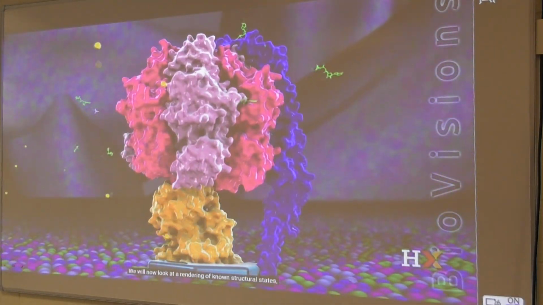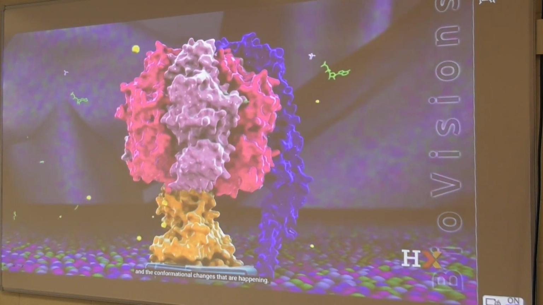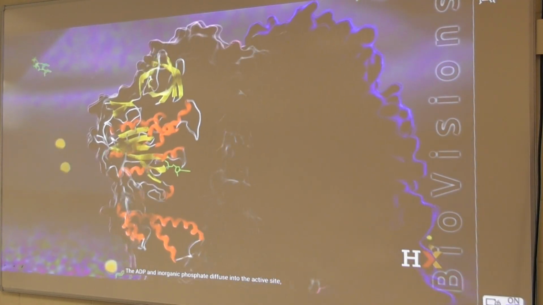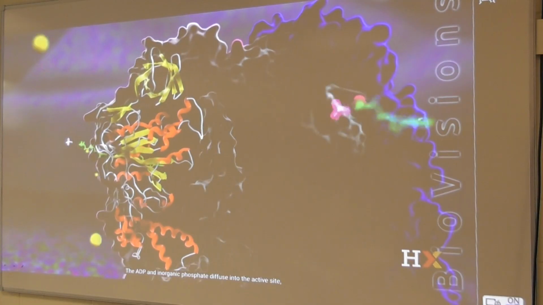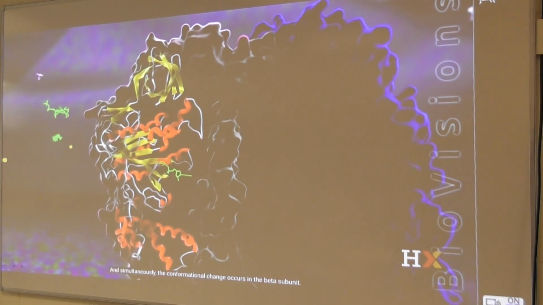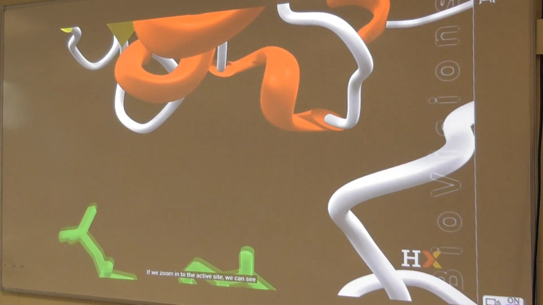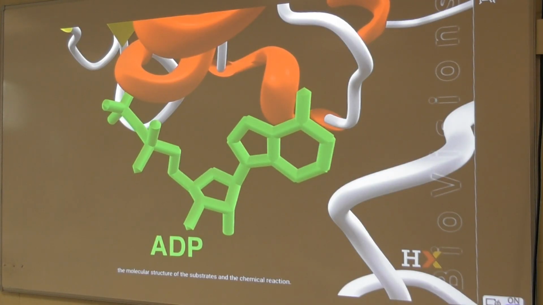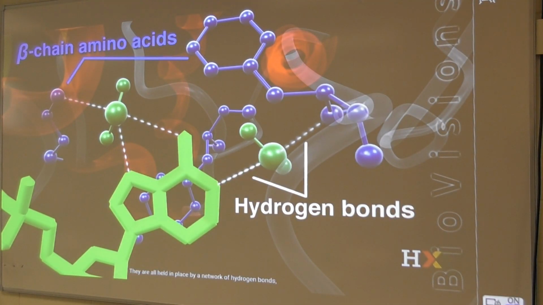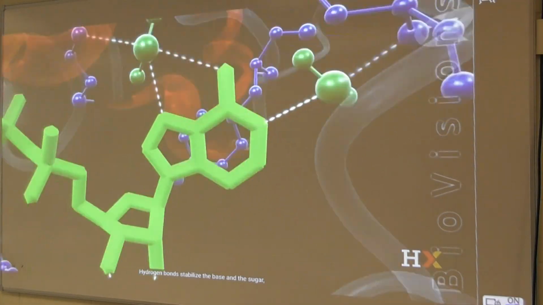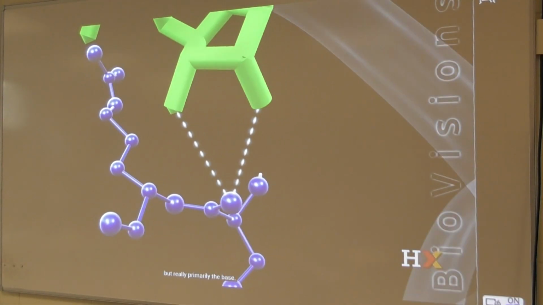We will now look at a rendering of known structural states and the conformational changes that are happening. The beta subunits are seen as a ribbon diagram. The ADP and inorganic phosphate diffuse into the active site, and the ATP has just been released. And simultaneously, the conformational change occurs in the beta subunit. If we zoom into the active site, we can see the molecular structure of the substrates and the chemical reaction. Here is ADP with its 2 phosphates. They are all held in place by a network of hydrogen bonds mediated by the amino acids in the folded structure of the beta subunit. Hydrogen bonds stabilize the base and the sugar, but really primarily the base.